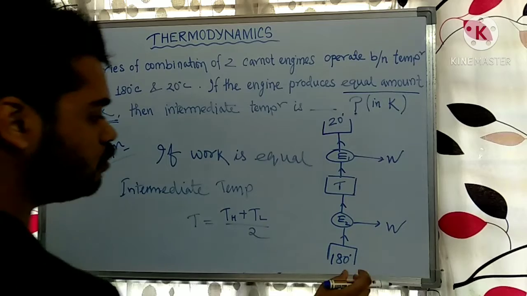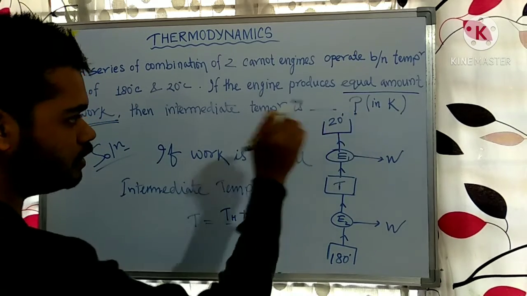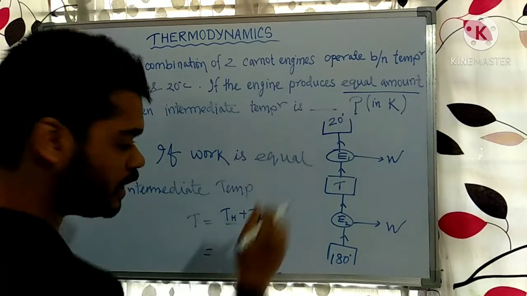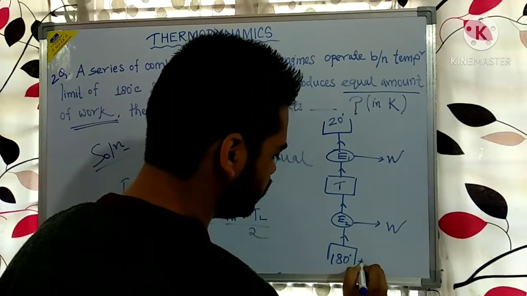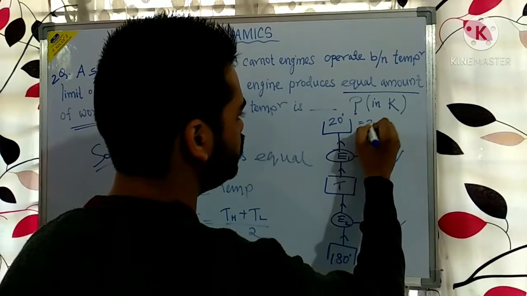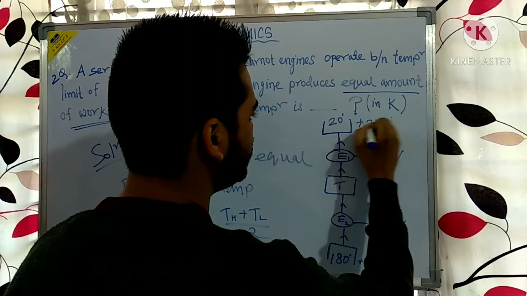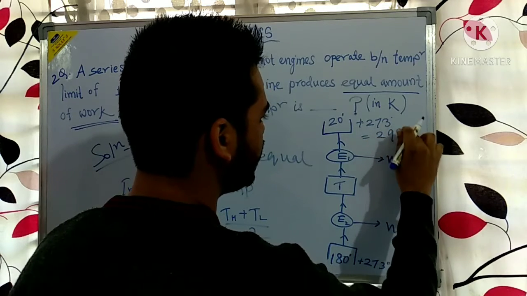So what is T higher? T higher is 180 degree centigrade. What is T lower? That is 20 degree centigrade. But you are asked to find it in Kelvin, so I have to add 273 to make it Kelvin. So it will be 293 Kelvin, right?